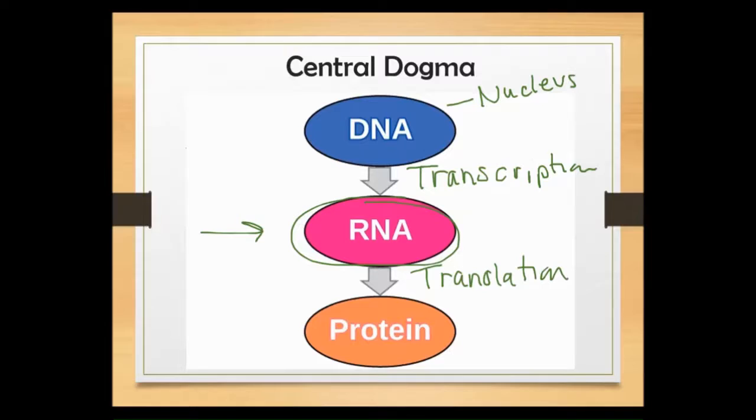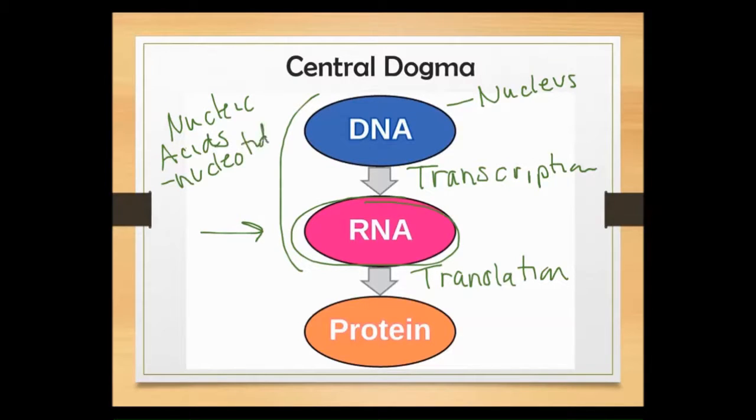And when you think about what that word translation means to you, translation means to take something from one language to another language. And that's essentially what we're doing when we start with RNA and use it to make a protein. If we think about this from a language perspective, both DNA and RNA are what we call nucleic acids. Their building blocks are nucleotides. And we've talked about the structure of DNA nucleotides, and we're going to review that here in just a second.